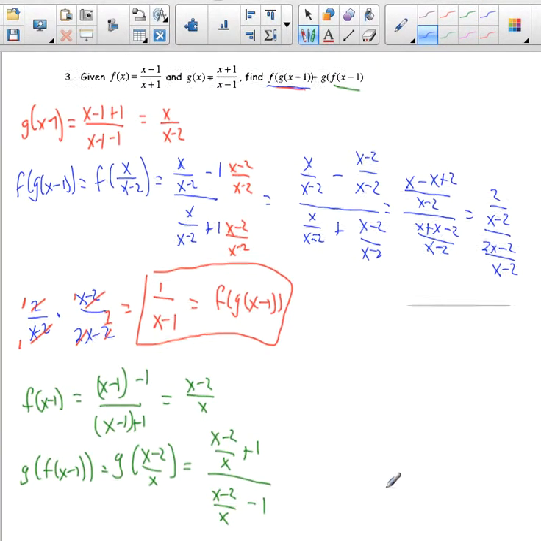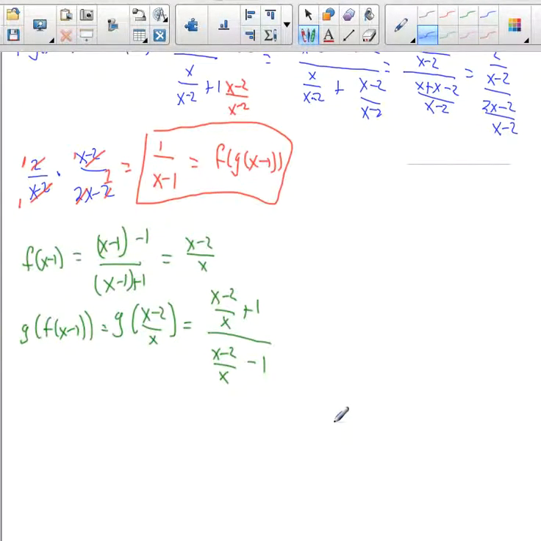To get a common denominator here, I'm going to multiply the 1 by x over x in the numerator, and the 1 in the denominator by x over x, so that I'll get a common denominator of x in the numerator and the denominator.